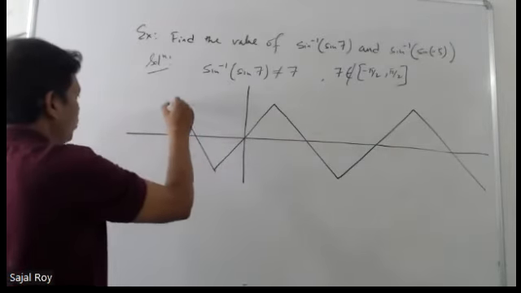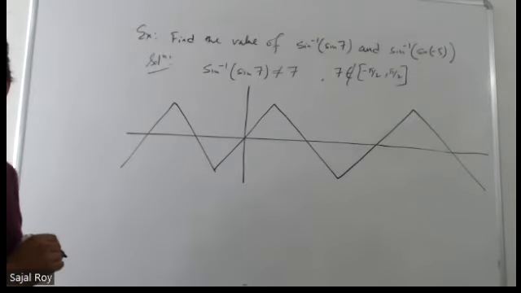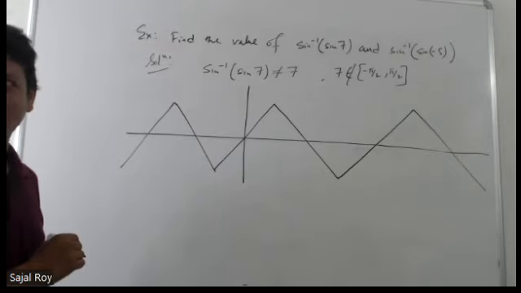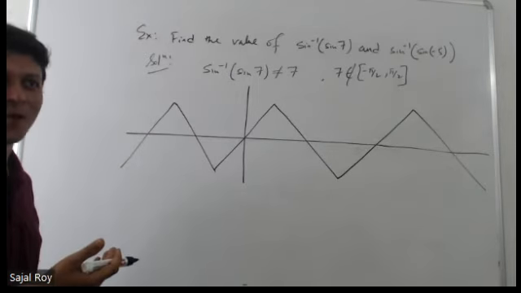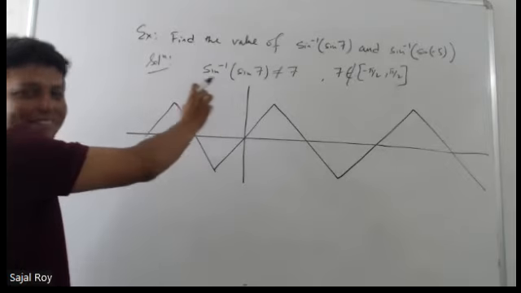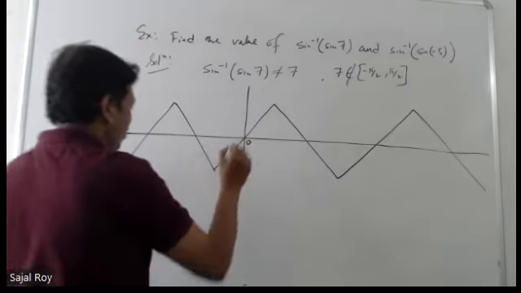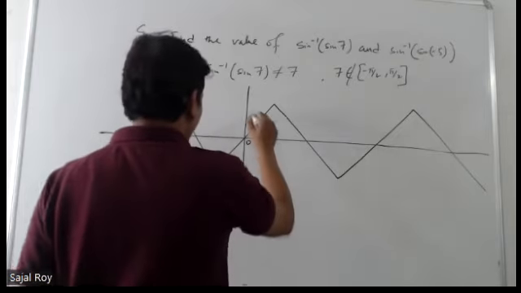In your childhood, you might have drawn this type of mountains in your drawing copy. See the class 1 or KG drawing copy, you will find mountains and the sun rising. Okay, 0, y equal to x.